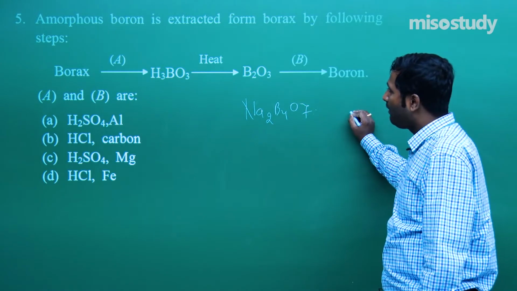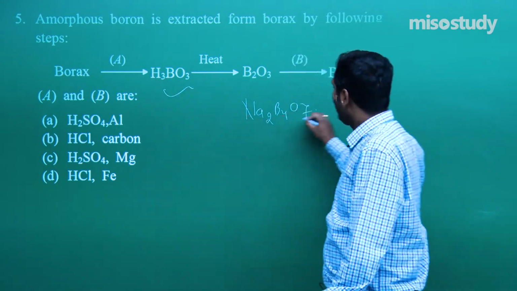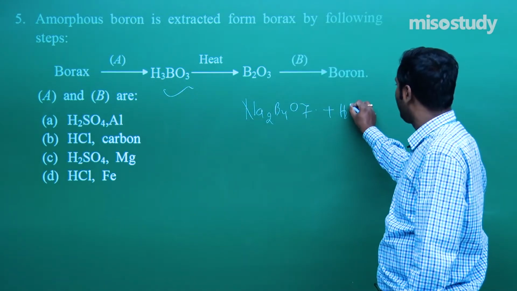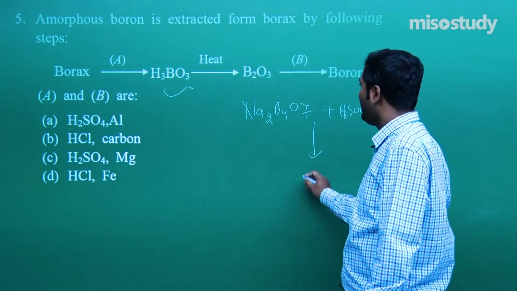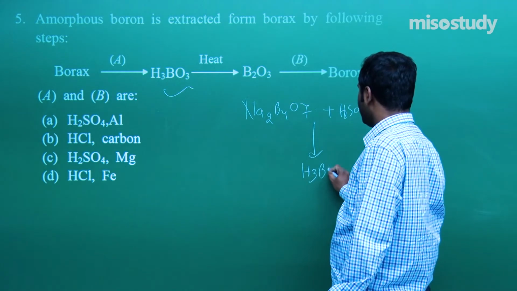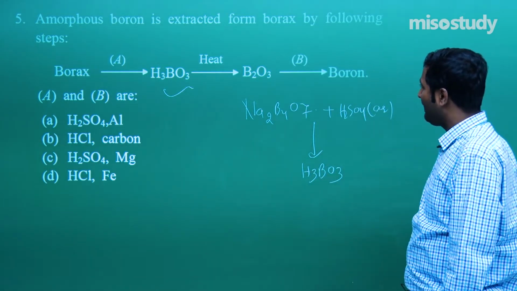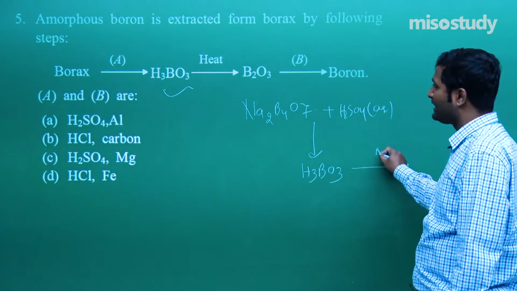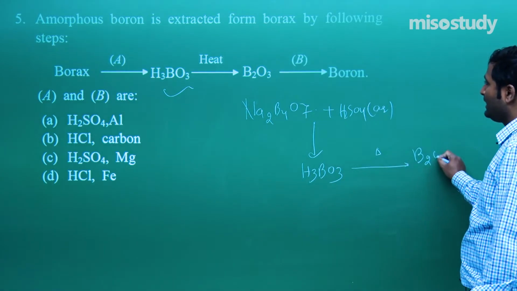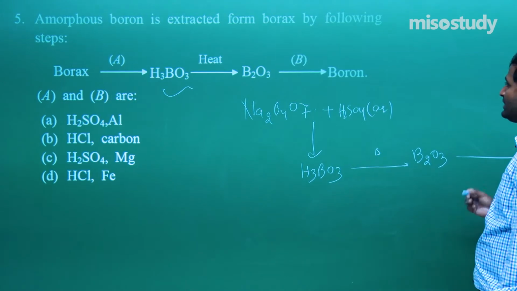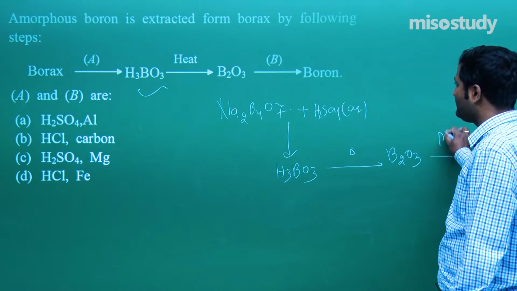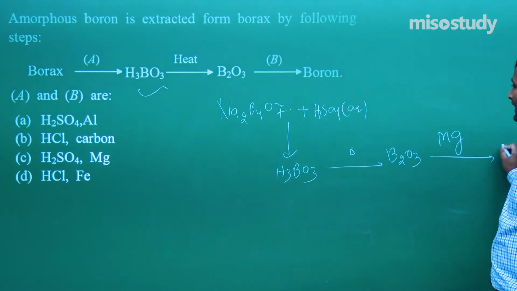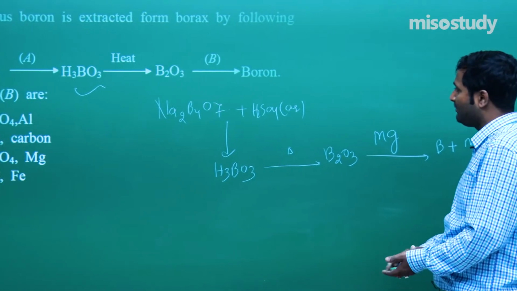Now when it is treated with aqueous H2SO4, it gives you H3BO3 as a main product. And when H3BO3 is heated, it gives you B2O3. When B2O3 is treated with a metal stronger than boron, that is Mg, it gives you B plus MgO. Yes sir, this is the complete reaction.